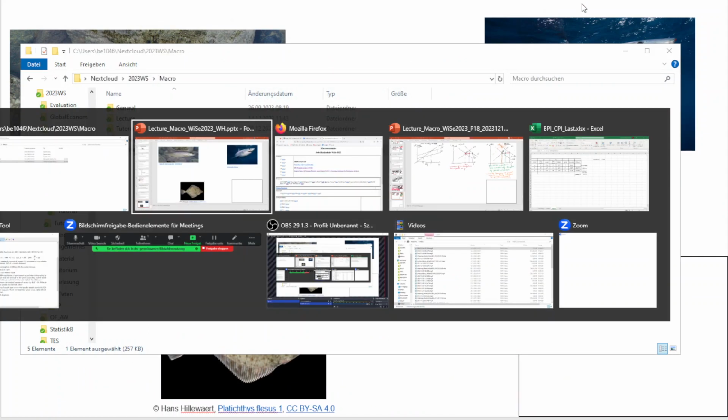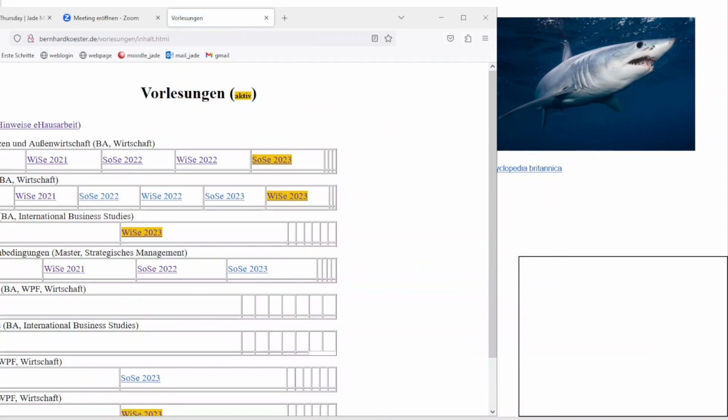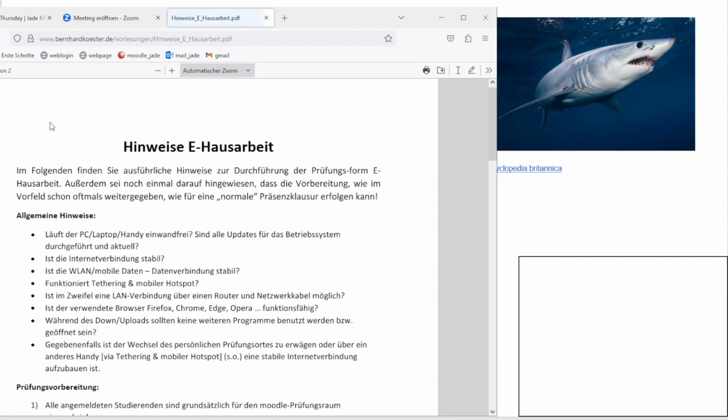This is in German, but I think you will manage it: how to do the electronic part of scanning your paper, or writing directly on your laptop or iPad or whatever.